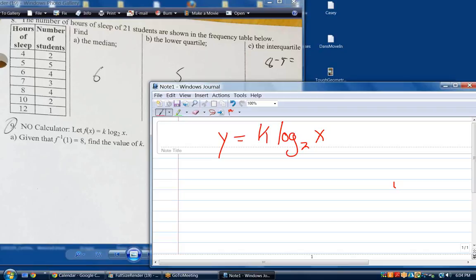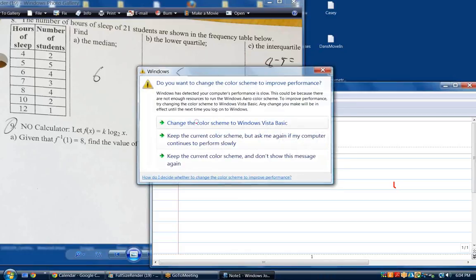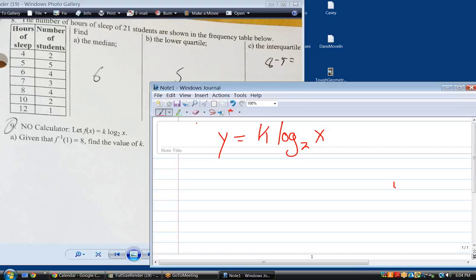Okay. Let's figure out what the inverse is. How do we do that? What's the standard way to figure out an inverse? Of a log? Well, you can do it with logs. The standard way of figuring out an inverse to a function is to switch the variables and solve for y.